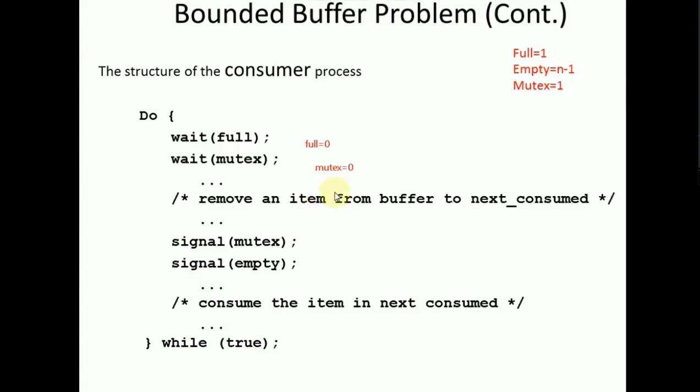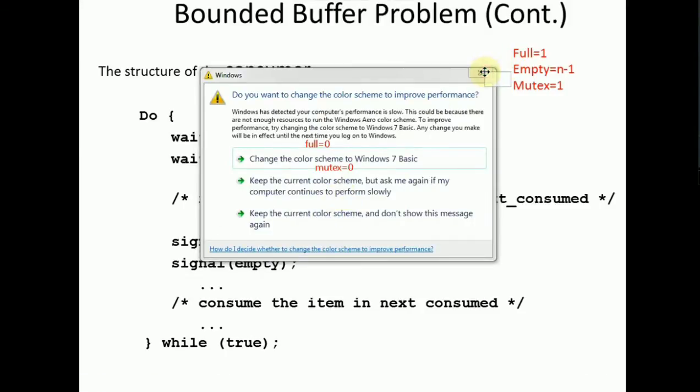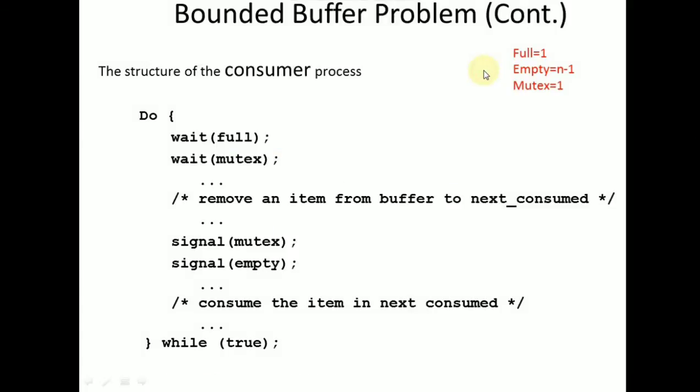Once the consumer has completed the consumption of the item, it again signals the mutex, so the mutex value becomes 1, and then it signals empty. Now empty comes back to n.